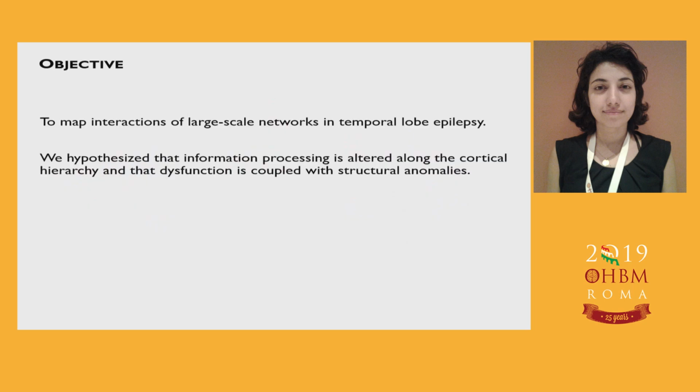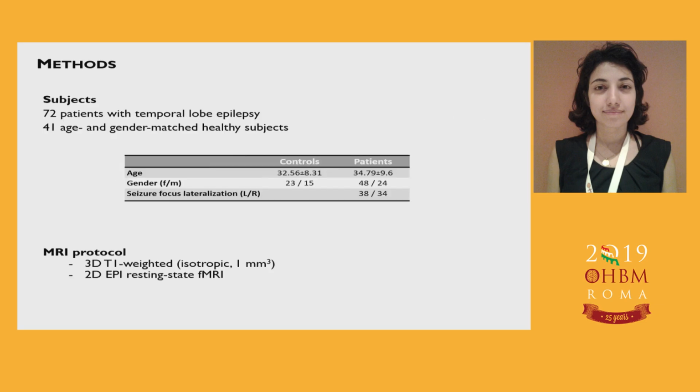So our objective was to map the interactions of large-scale networks in temporal lobe epilepsy, and we hypothesized that information processing is altered along the cortical hierarchy, and that this function is coupled with structural anomalies. We studied 72 patients with temporal lobe epilepsy that were referred to our hospital.